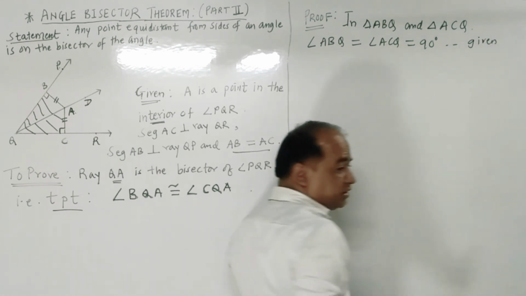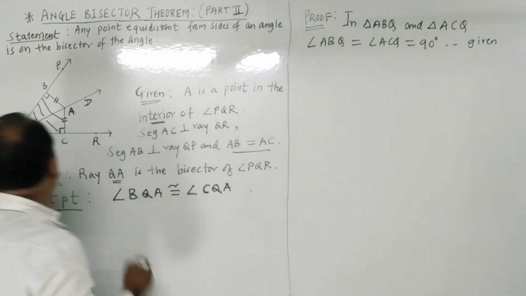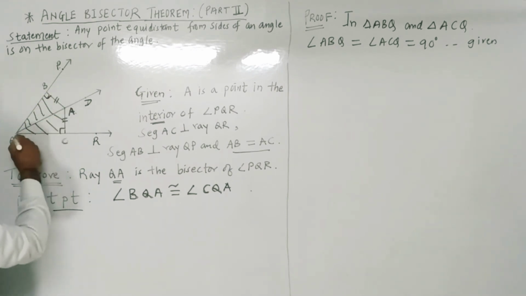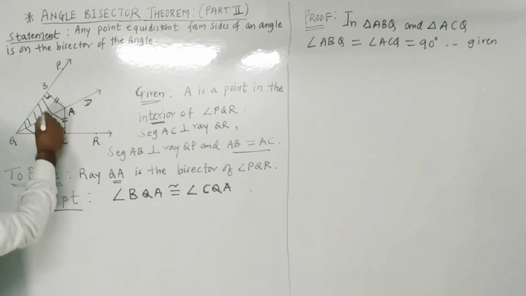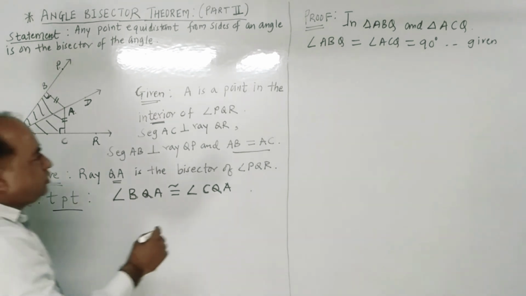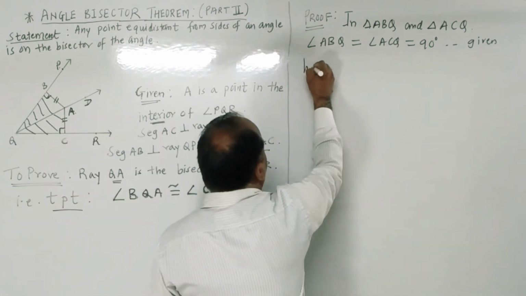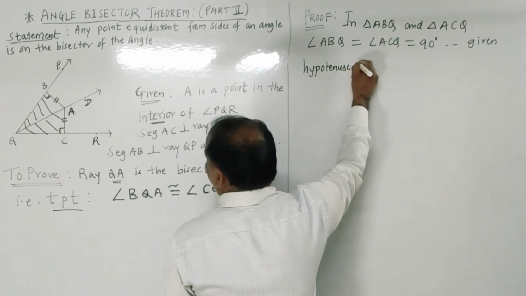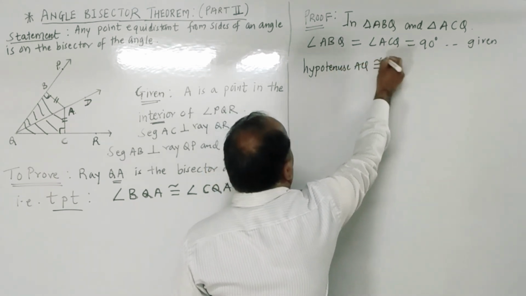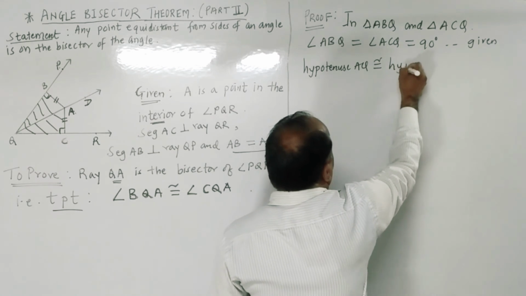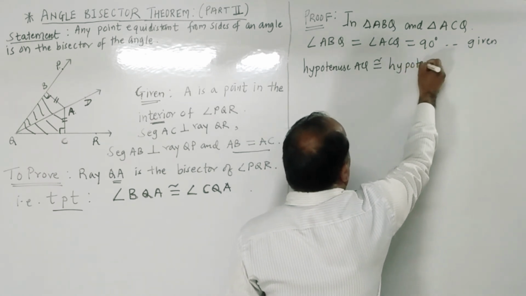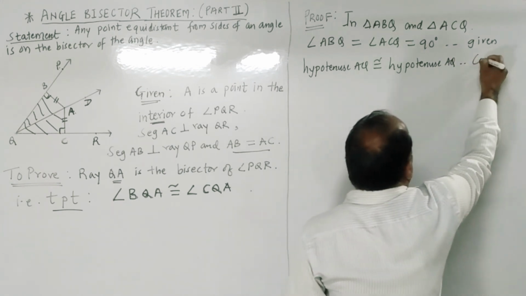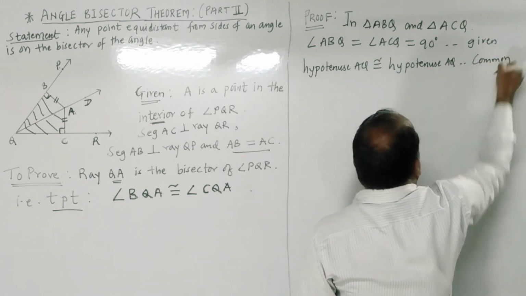So both are right angle triangles. Therefore, the side opposite to the right angle, the side opposite to 90 degrees, this is side QA, which is the hypotenuse in both the triangles. So hypotenuse AQ is congruent to hypotenuse AQ. It's a common side in both the triangles.